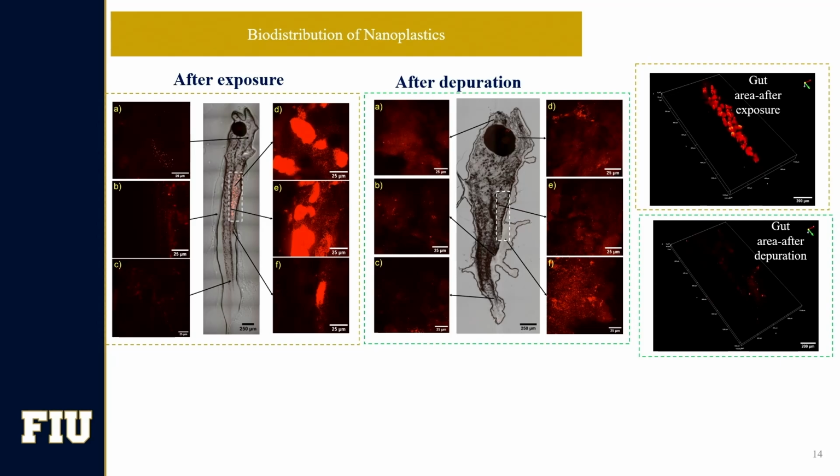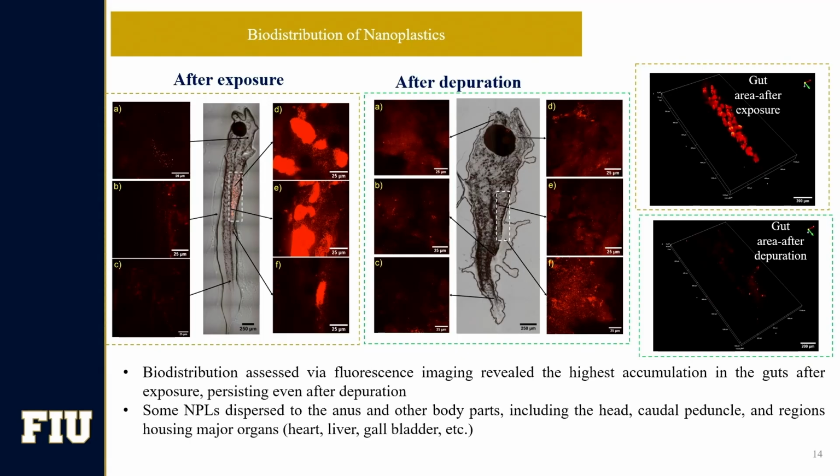These are some images that we did with a confocal microscope that allows us to take slices and stack them, so we can get a kind of 3D understanding of how they're distributed inside the fish. Clearly, this one was exposed to way too many nanoplastics. As you would expect, you have highest accumulation in the gut, but we did see that the nanoparticles dispersed to other body parts as well.